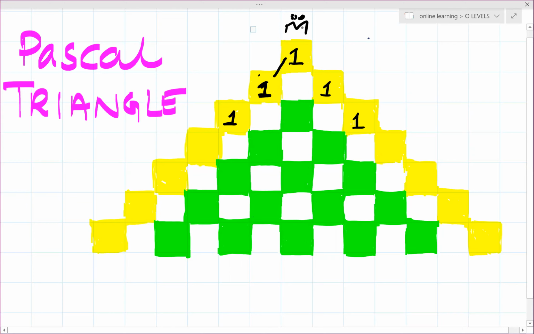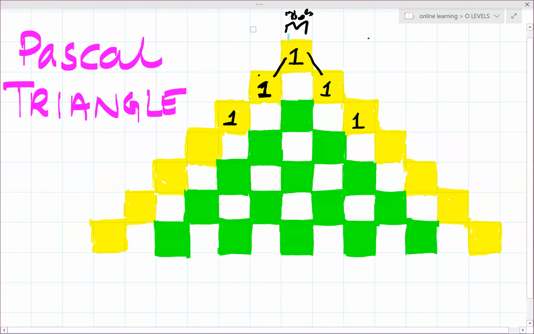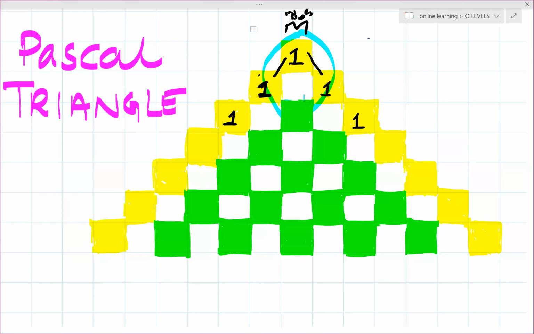Similarly, if he wants to go to this level, there is only one path that he can choose. But for this level, he can either go this way or this way as well. So there are two routes that he can choose. So I'll write a 2 here.